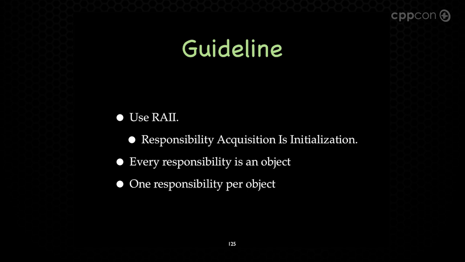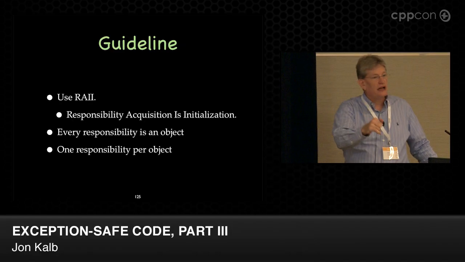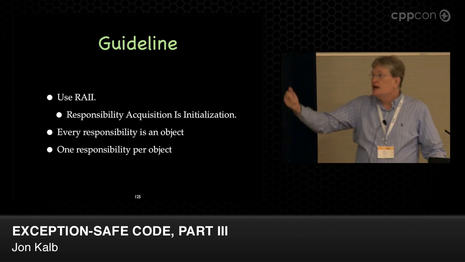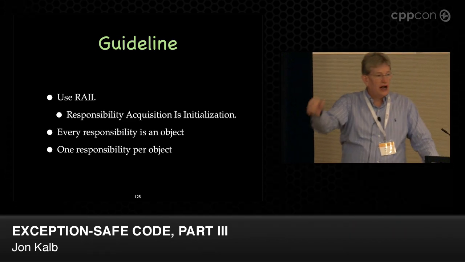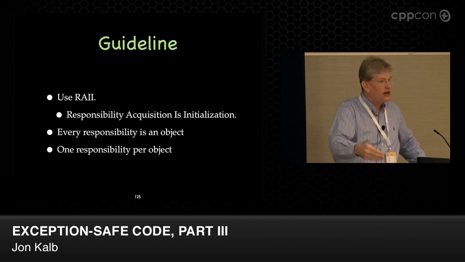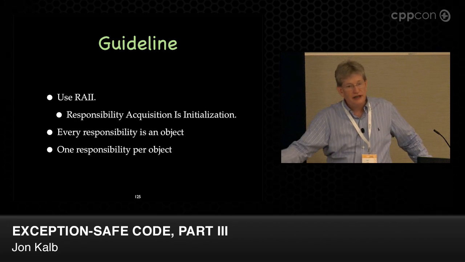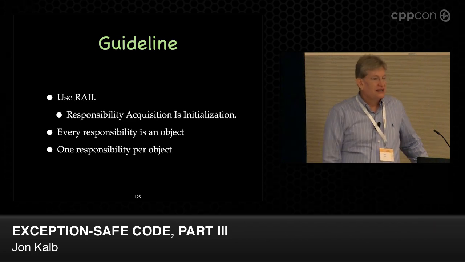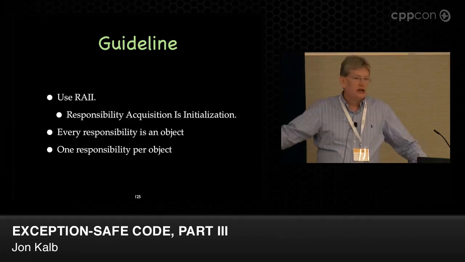Every responsibility is an object. If you need to restore the background color, you need to create an object that will restore the background color in its destructor. If you need to free a buffer, then you create an object that will free the buffer in its destructor. As soon as you've done something that you are responsible for undoing, for cleaning up, whatever it is, you need an object, and we'll have one responsibility per object. It's not actually critical, but it's a better design.